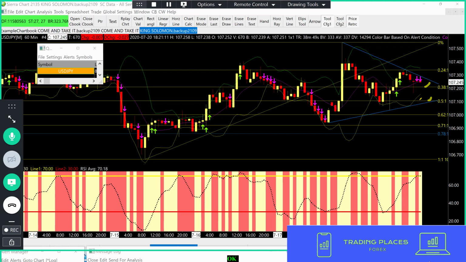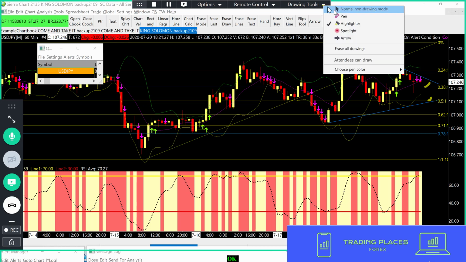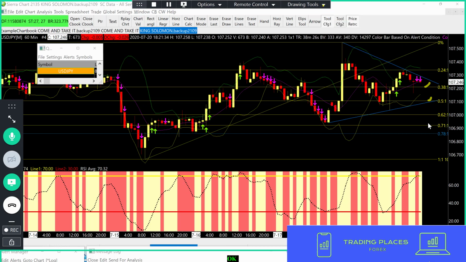Just get out of the trade and see what it does. If it breaks this line, I get back into it. And then I'll find out where the money bounced last. So I'll go to my horizontal ray and go right here, and I'll start looking to get out of the trade there.